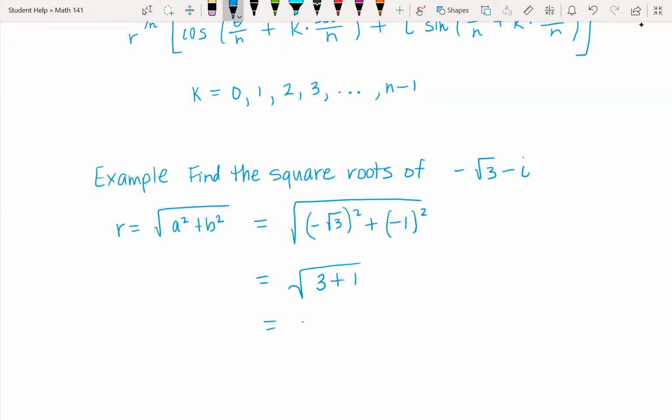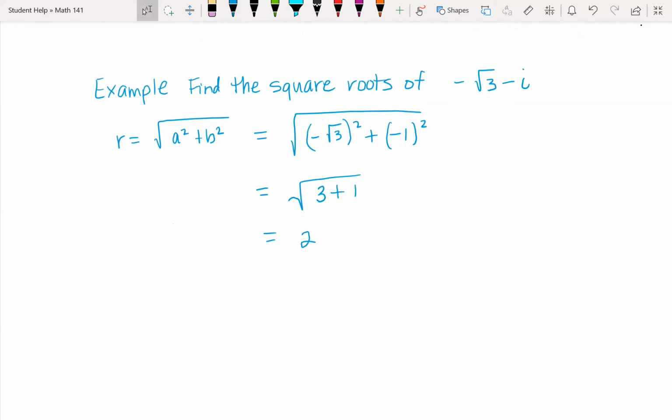Looks like in this case, r is going to be equal to 2. And then we have to find the angle. Based on what we're given here, it looks like we're in the 3rd quadrant. And we have this distance is negative root 3, and this distance is negative 1. And then we said that this distance is 2.